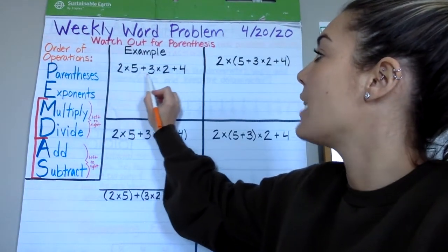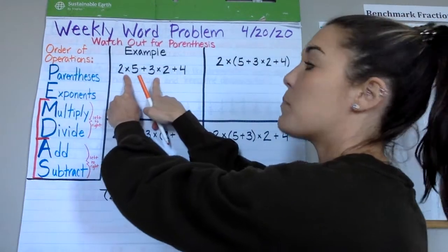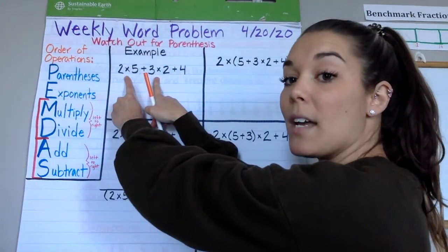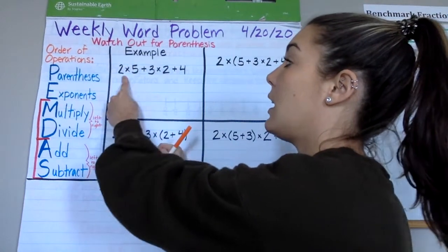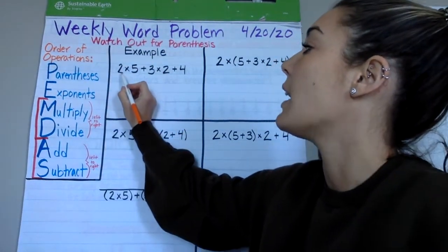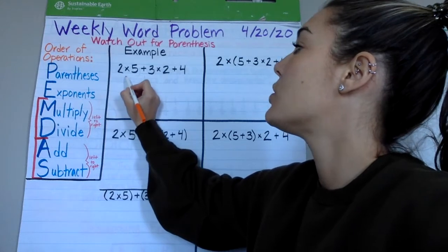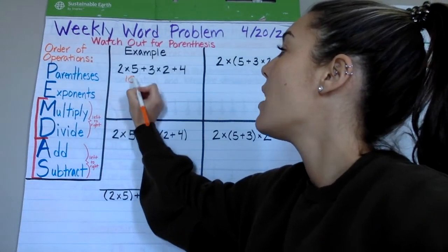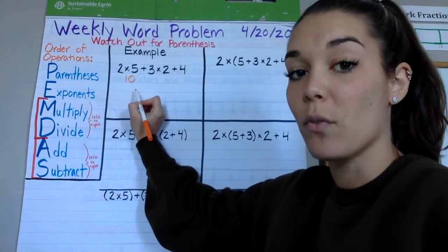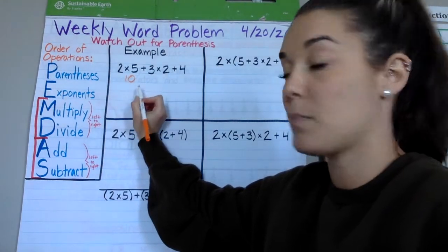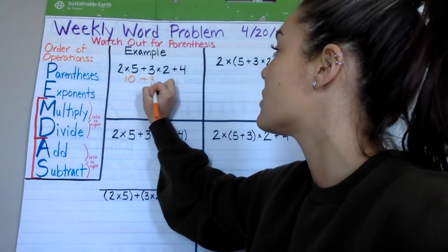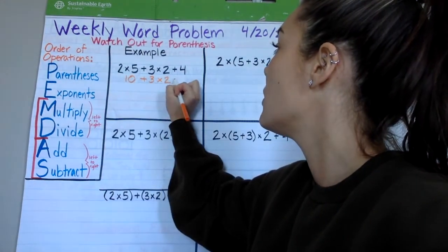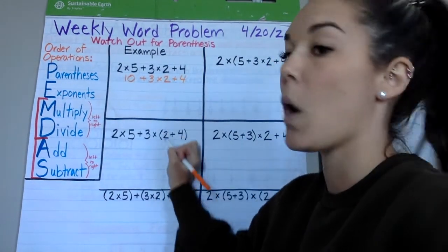As I'm looking, I do see two spots where we need to multiply. I'm going to do it from left to right, so I'm going to start here. First I'm multiplying 2 times 5, which is 10. Then I rewrite the rest of my whole expression. So I multiply my 10, and now I'm going to rewrite plus 3 times 2 plus 4.